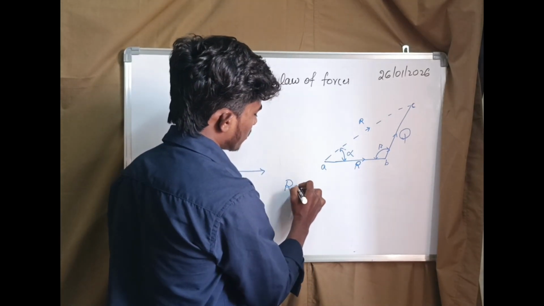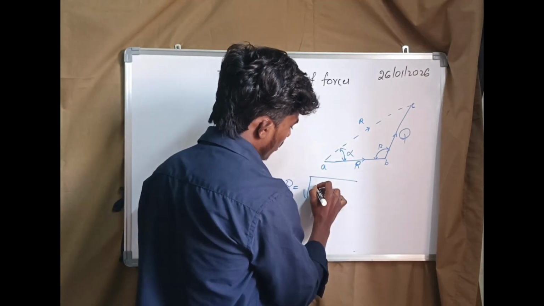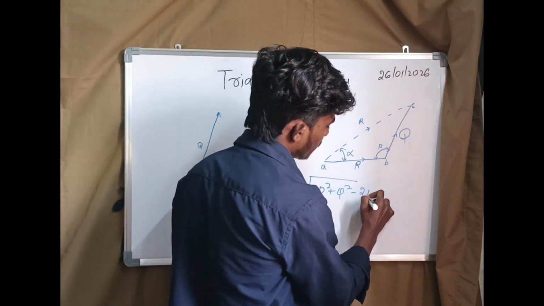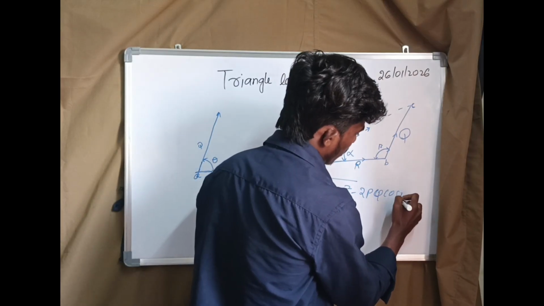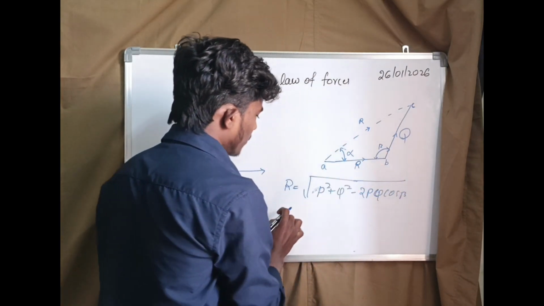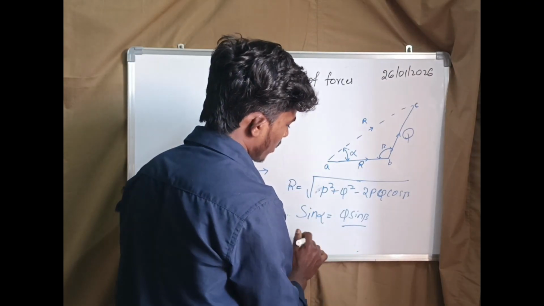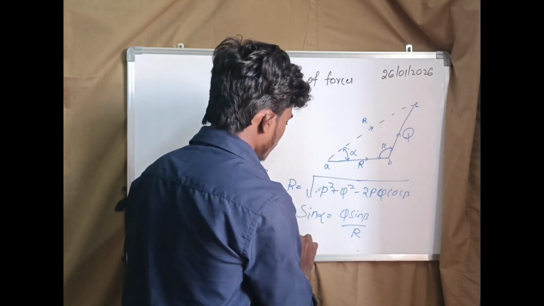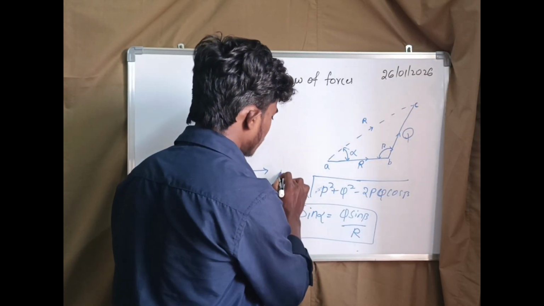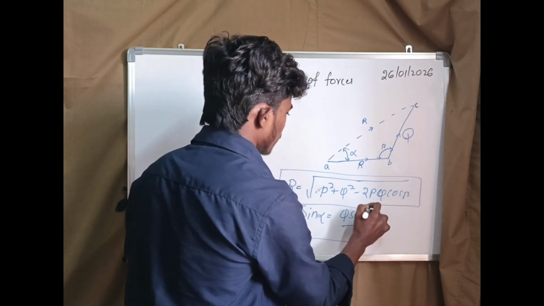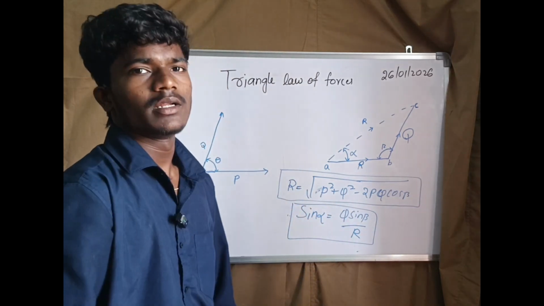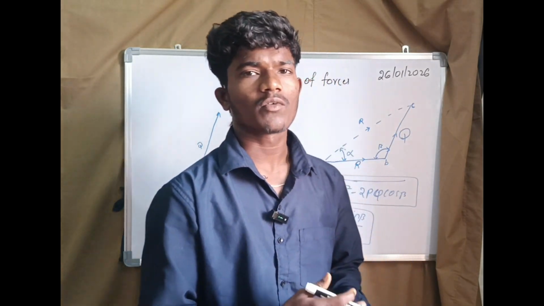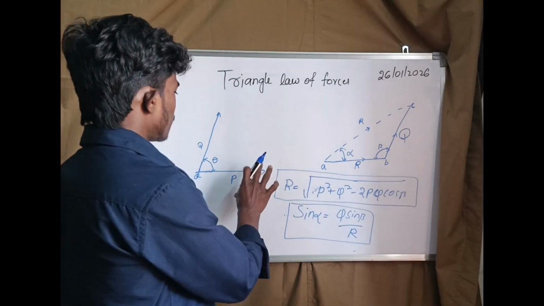The resultant can be calculated using the formula R equals under root of P square plus Q square minus 2PQ cos beta, because we are talking about the angle beta, and alpha can be determined by sin alpha equals Q sin beta by R. By using these two formulas, we can calculate the resultant and the alpha value. These formulas are used in the calculation of concurrent coplanar forces.